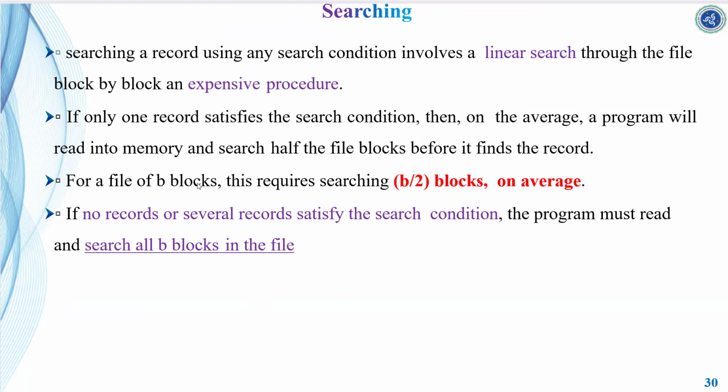For a file of B blocks, it requires searching B/2 blocks on average. This is the average case, that is, half the blocks are searched. If no records or several records satisfy the same condition, then the program must read and search all the B blocks in the file.